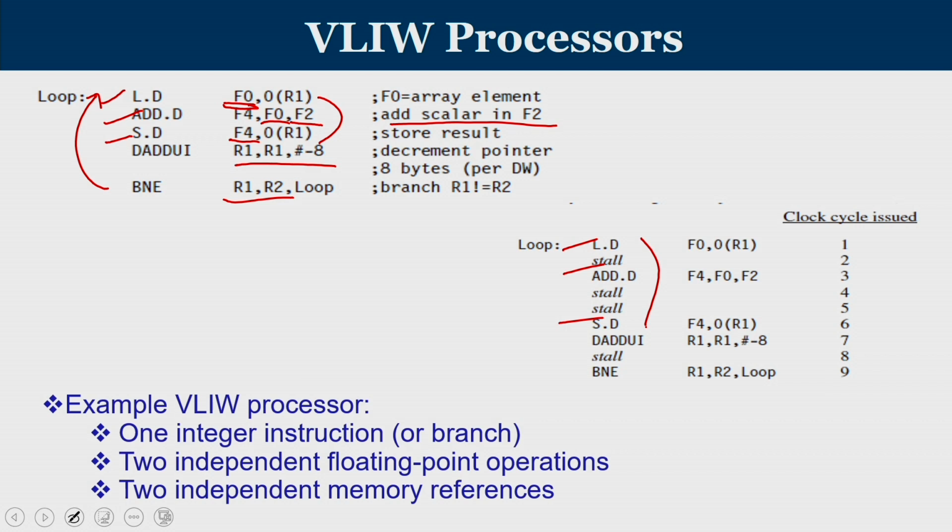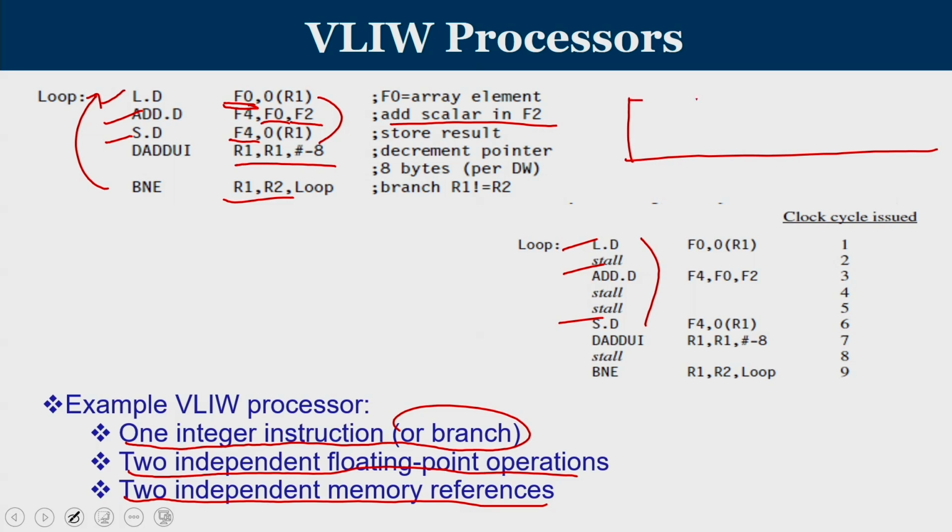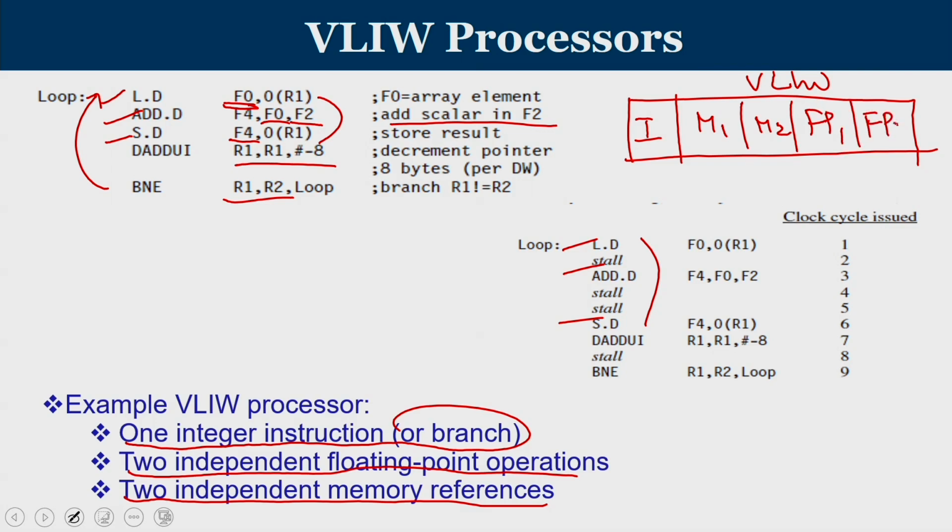Now, consider you are going to work on a VLIW processor where each instruction bundle has an integer unit which can take care of branch as well, 2 independent floating point operations and 2 independent memory references. So, your very long instruction word VLIW has an integer unit, then you have memory operations, memory 1 and memory 2, and then you have floating point operations FP1 and FP2.